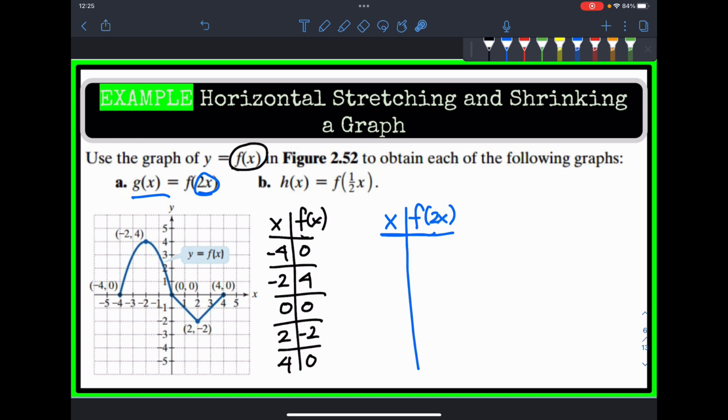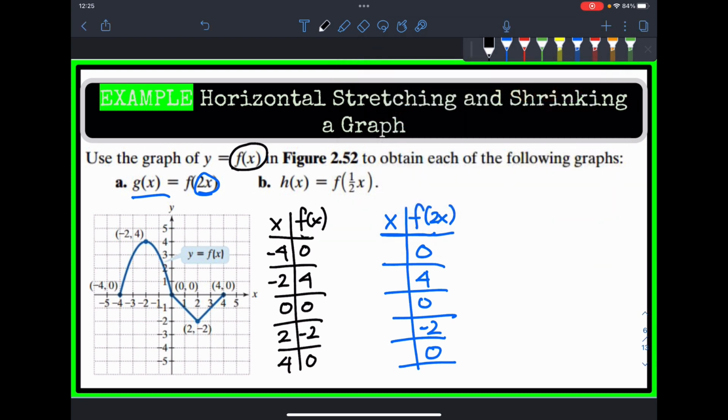So what that means is that in order for us to get the exact same output values, our x values have to be half of whatever this value is.